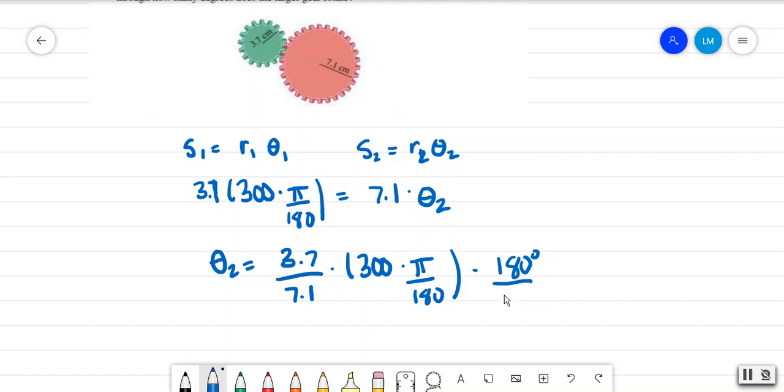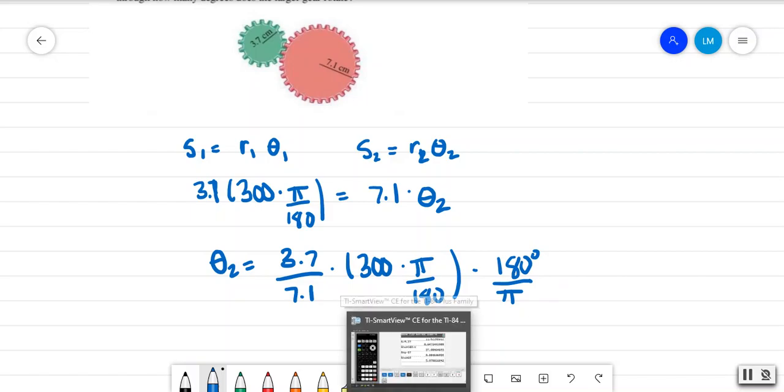So you have 180 over pi. But essentially everything is just going to cancel out. In reality, the dimensions cancel out to where you're ending up with degrees anyways. Okay, so it's just preference, to be honest.